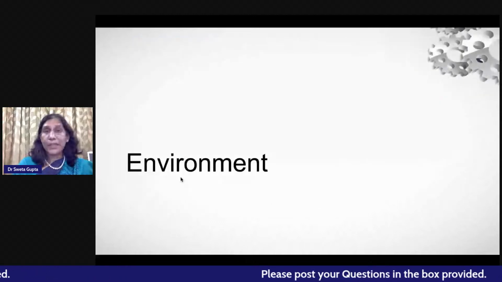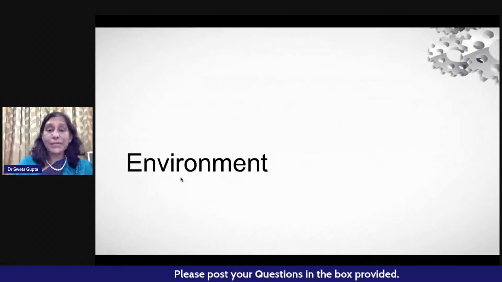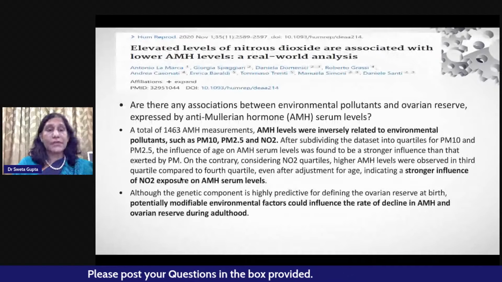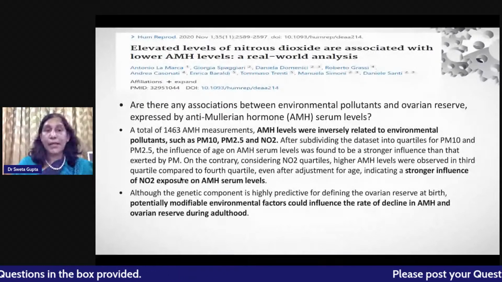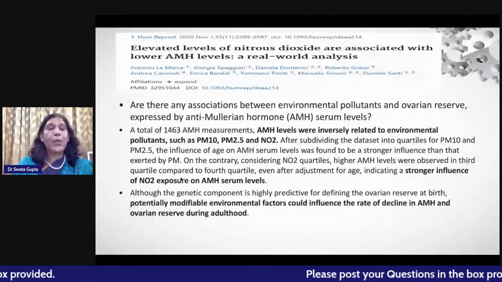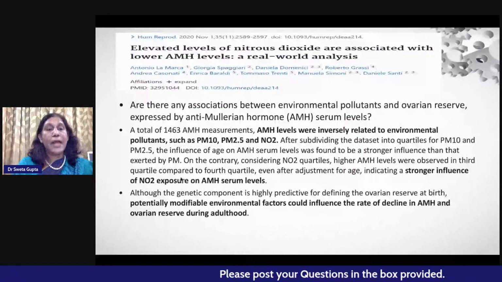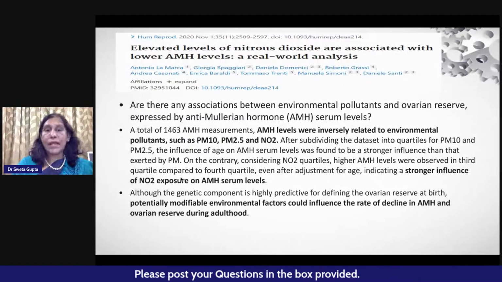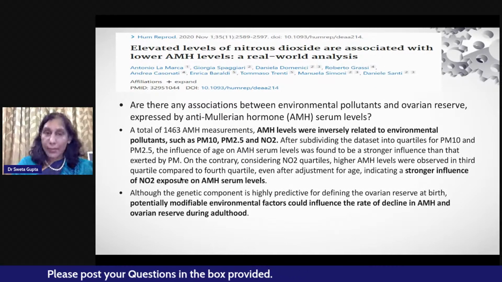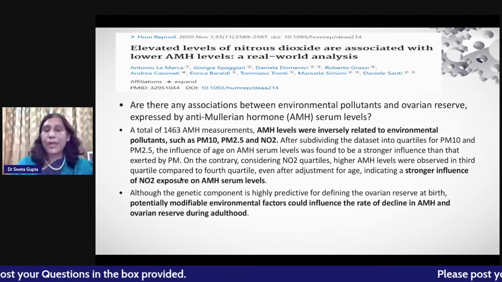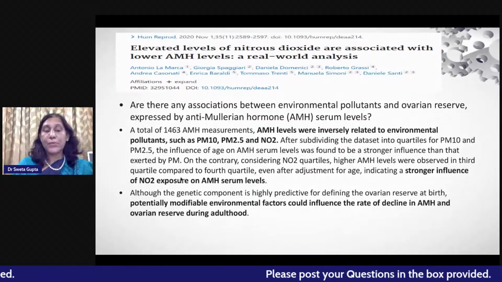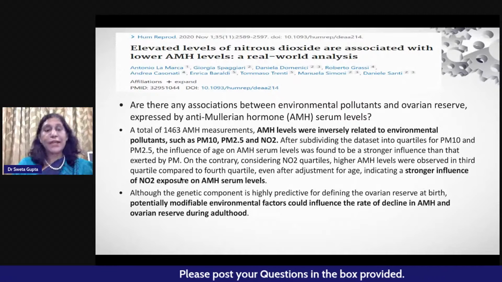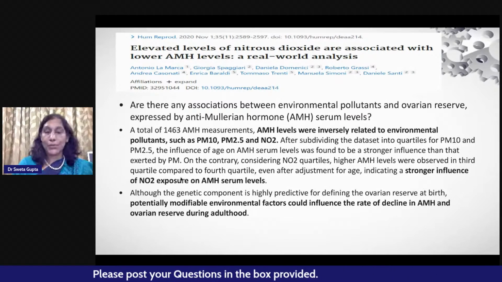Environment. So, does the environment affect the AMH? Let's look into the different studies. There was this study by Lamarca in 2020, which compared elevated levels of nitrous oxides with lower AMH. They found that the AMH levels were inversely related to environmental pollutants like PM10, PM2.5 and NO2.